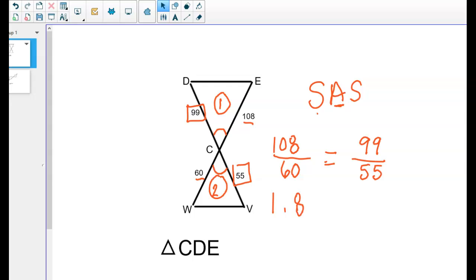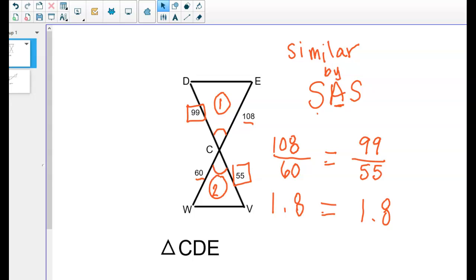And 99 divided by 55, I also get 1.8. So the decimal is exactly the same, which means the sides are proportional, and these are similar triangles by side, angle, side.